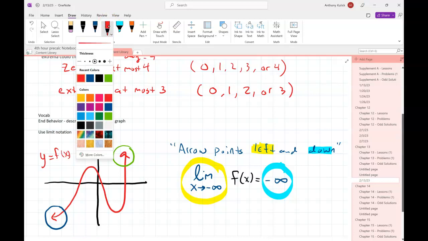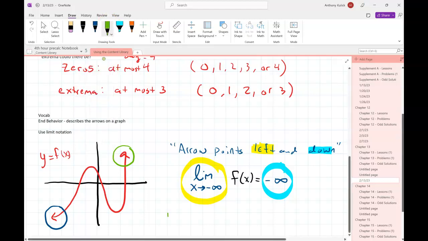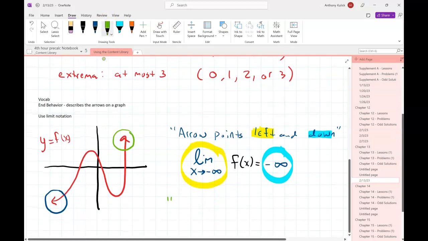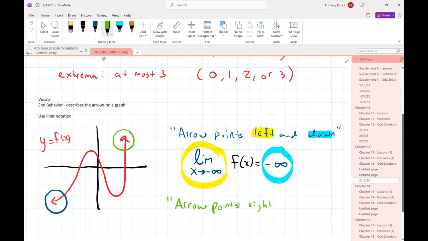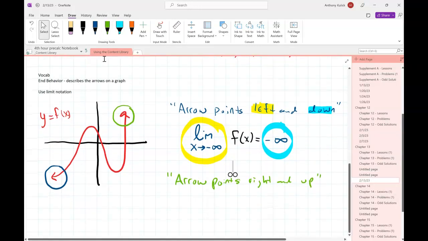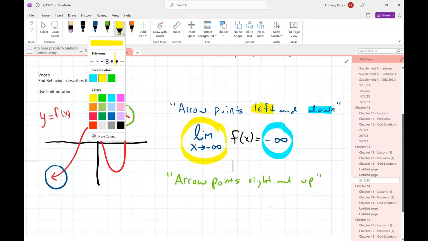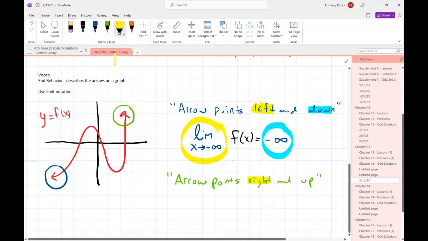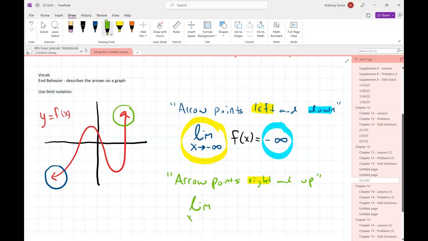Yeah, that's exactly right. So if we want to describe the arrow that we've circled in green, we'd say that arrow points right and up. So to describe right, we're going to say the limit as x approaches positive infinity.